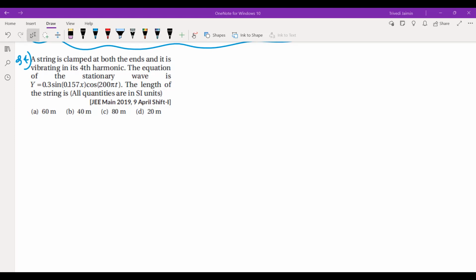Right dear? Those who can't speak, some noise there, they can type in chat box. Go on, solve it.